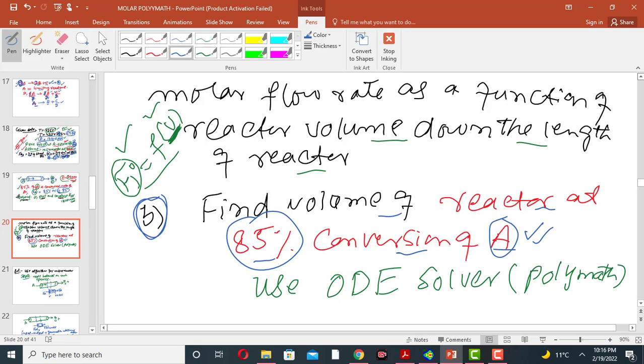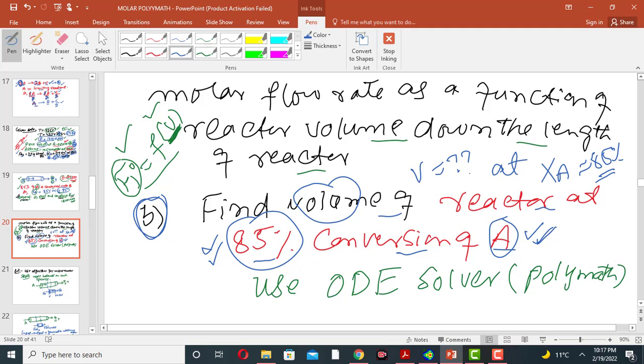So when 85% nitrogen oxychloride is converted into product B, which is nitric oxide, then at what place of the reactor will 85% conversion occur? So we should determine the volume at 85% conversion of A.